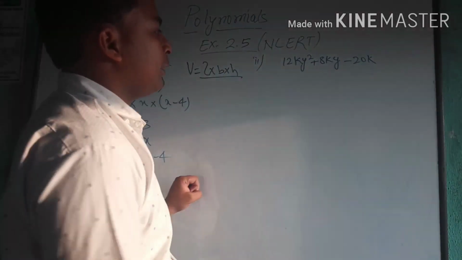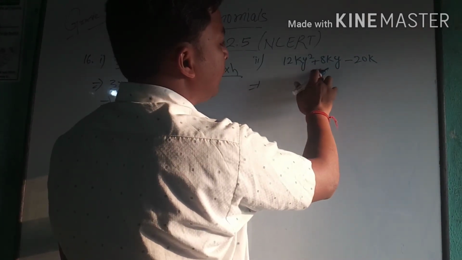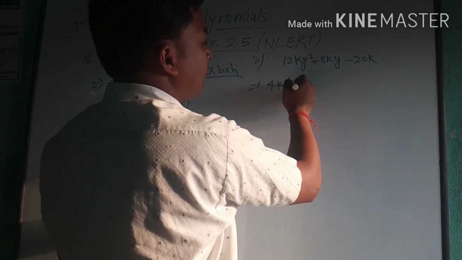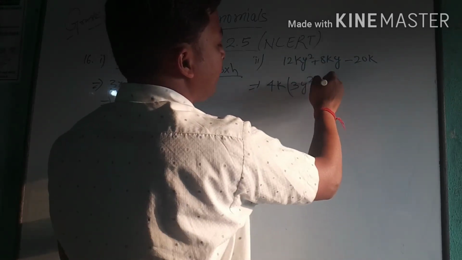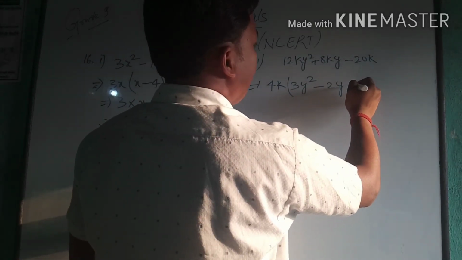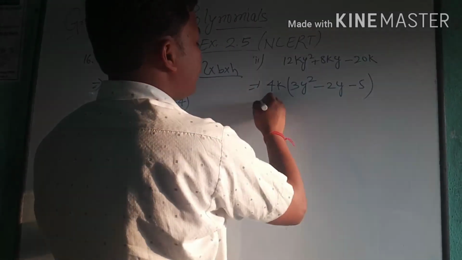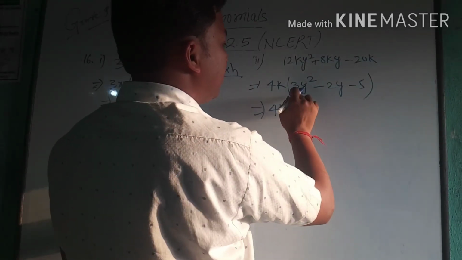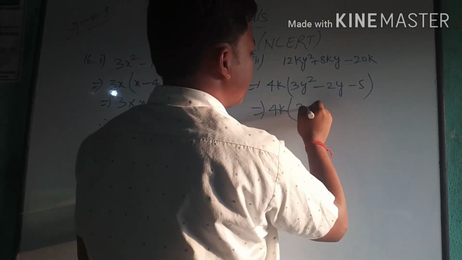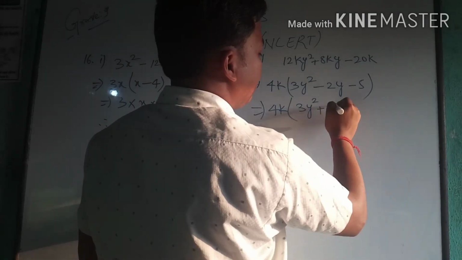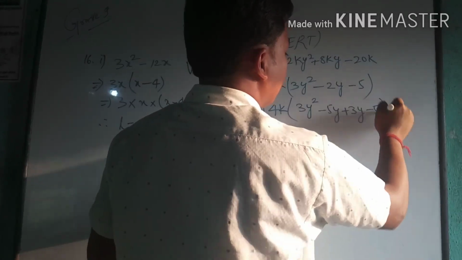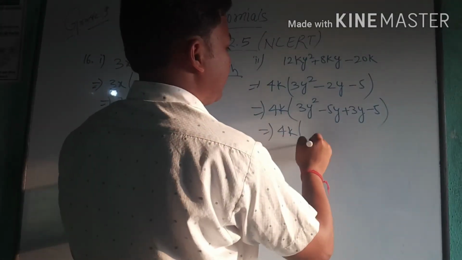Similarly, if we go for the second part, here you can see 12, 8 and 20. It means 4 is common as well as k is common. Four 3s are 12, so 3y square plus 2y minus 5. Now 3 times 5 is 15, and if we split in terms of the same, we get 3y square minus 5y plus 3y minus 5, then 4k.